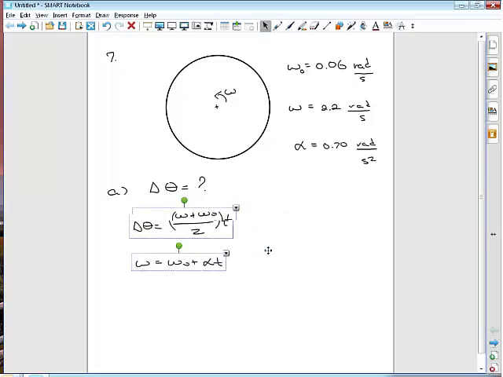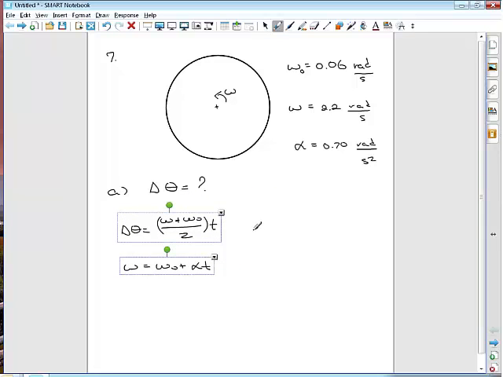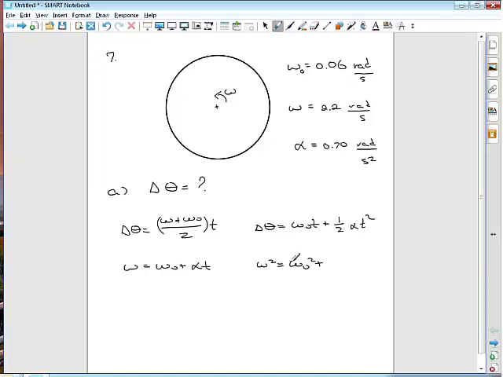We have delta theta is omega 0 t plus 1/2 alpha t squared. And finally, omega squared is omega 0 squared plus 2 alpha delta theta. So those are the 4 equations.